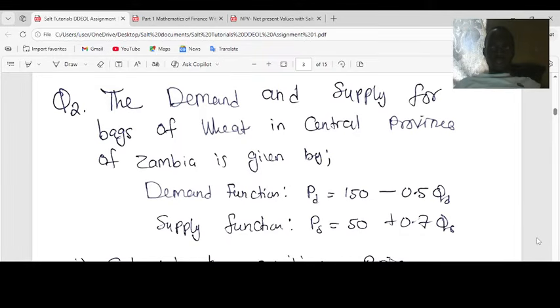So the function which symbolizes or represents how much price the buyers or maybe the customers are willing to pay is represented by the demand function.